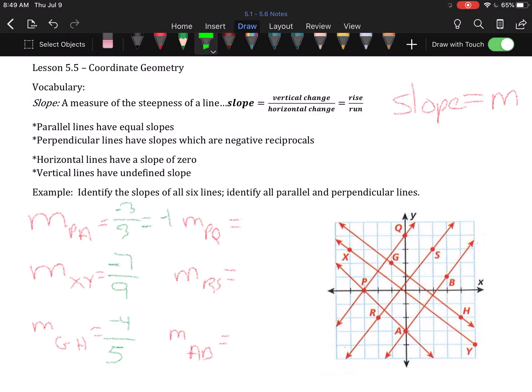Now we're going to go to the uphill lines, starting with PQ. To get from P to Q, I have to go up 1, 2, 3, 4. So that's a positive 4. Turn and go right 1, 2, 3. So that's positive 4/3. For line RS. To get from R to S, I go up 1, 2, 3, 4, 5.